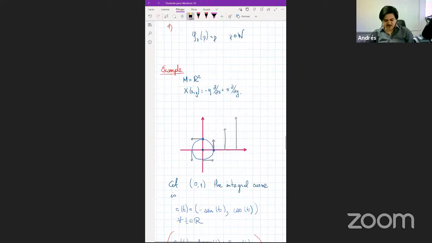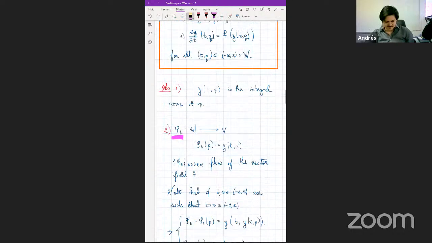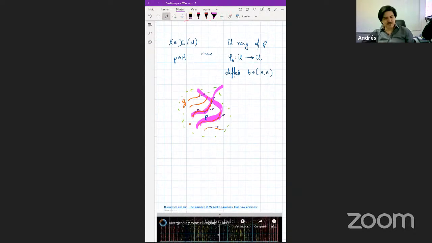And that was also what I was trying to say on this picture: you have the integral curves, and the flow is when you take all of them.